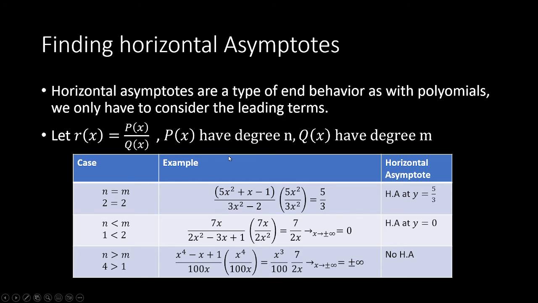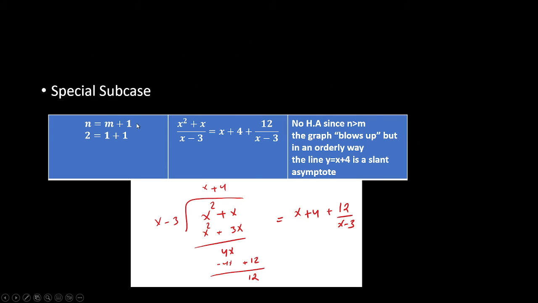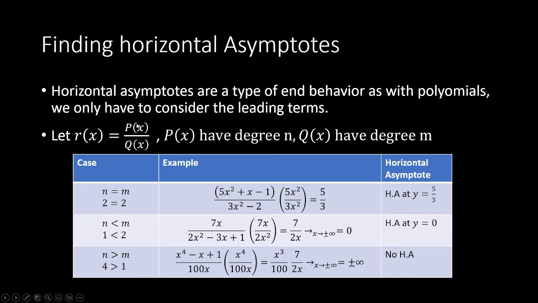You have the case where the degrees of P and Q are equal. Let's say P has a degree of n and Q has a degree of m. If they're equal, like in this problem, 5x squared plus 3x minus 1 divided by 3x squared minus 1, if we only look at the leading terms, they have the same degree, 2 and 2.